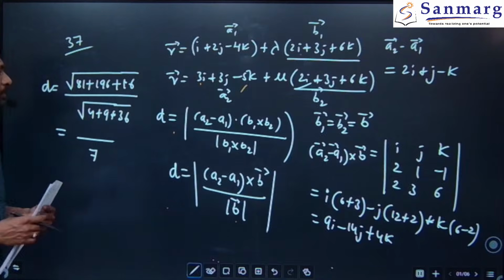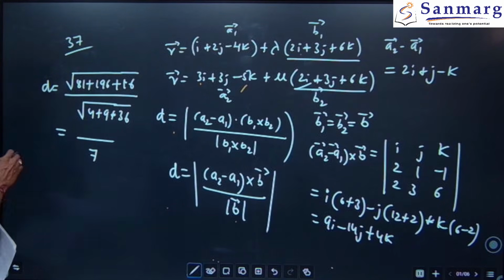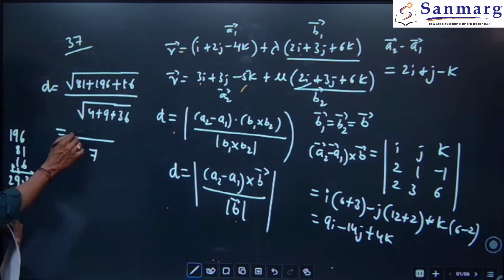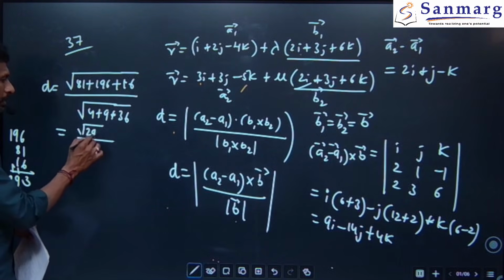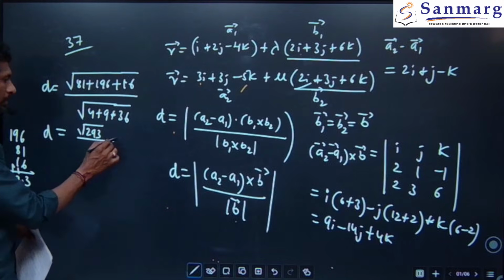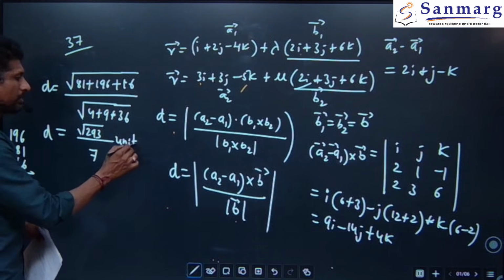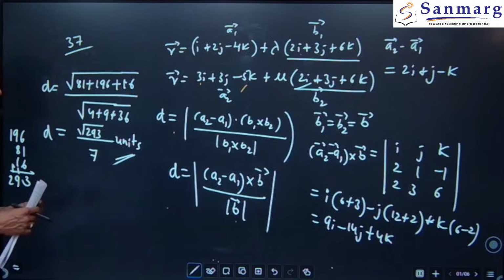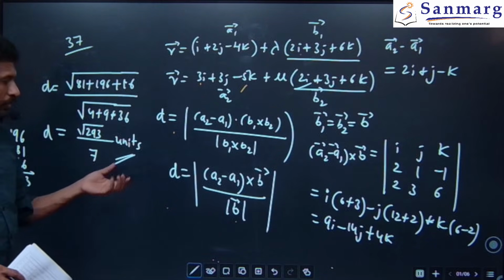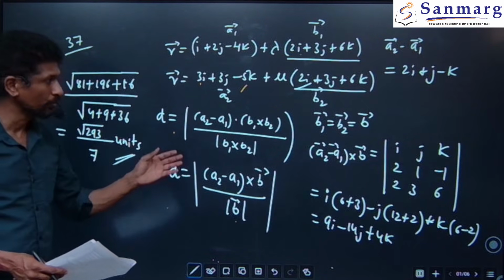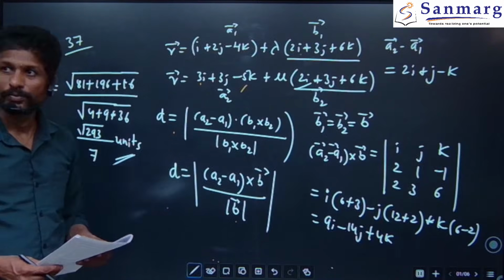For the numerator you have to add the values 196, 81 and 16. Square root of 293, and you write the distance as root 293 divided by 7 units, which is the distance between two parallel lines here.